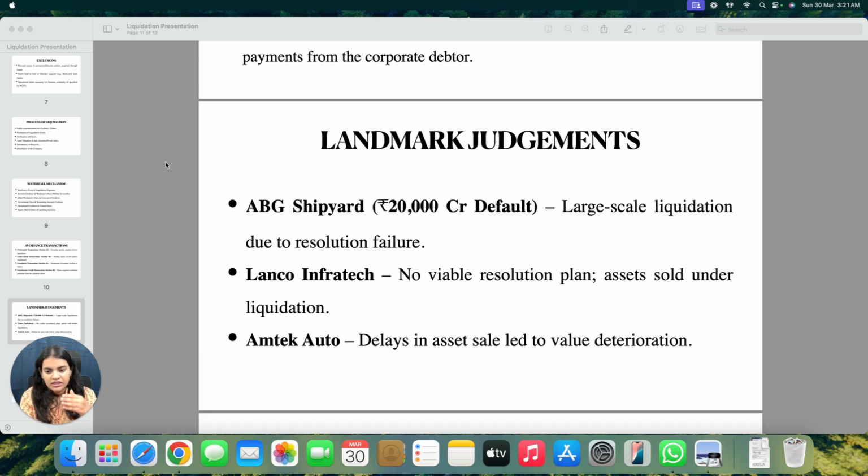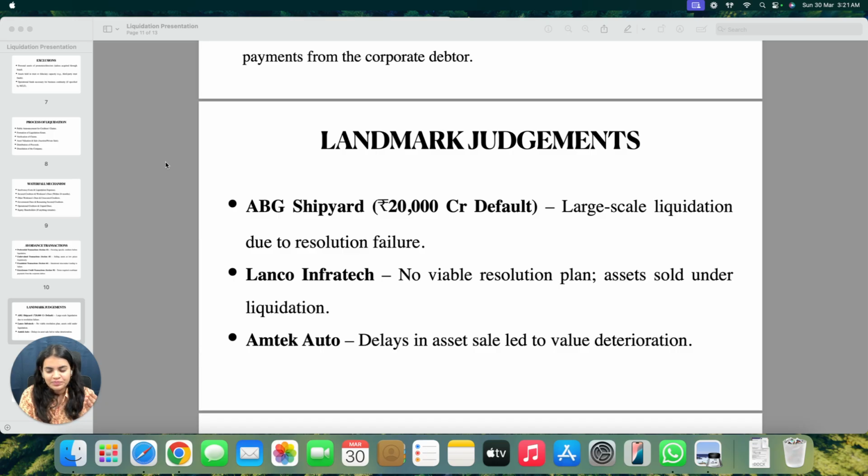And in Amtech Auto, there was a very long delay which caused value deterioration of the assets. This particular company was undergoing CIRP and liquidation prior to COVID.